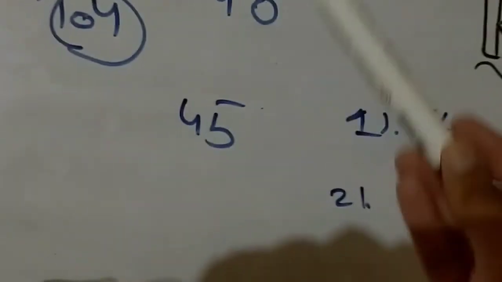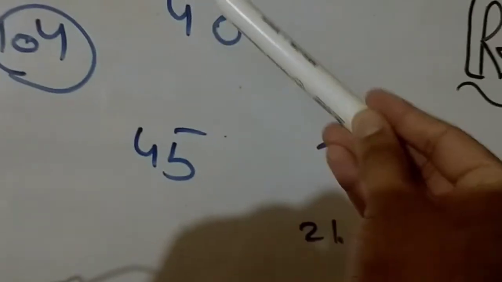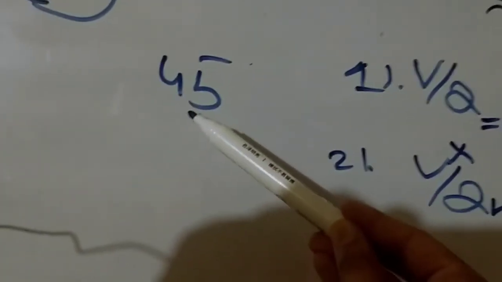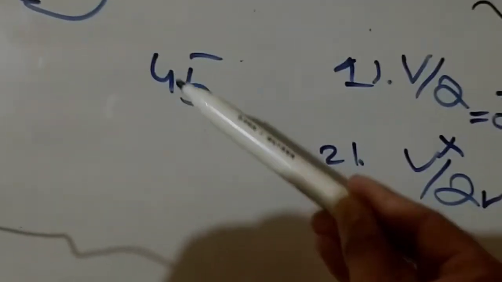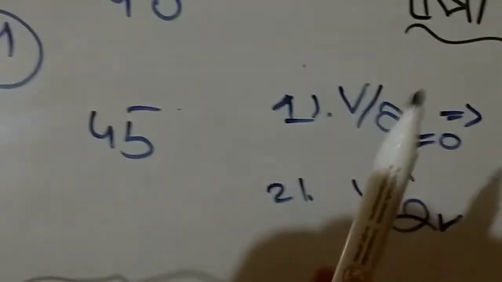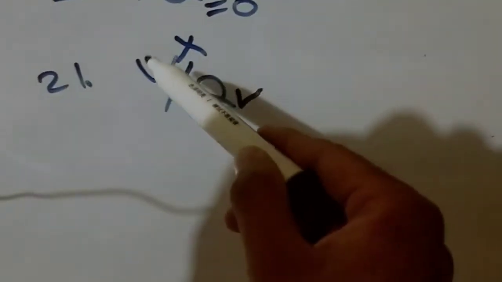So the oxygen content in the blood would remain 40, and the carbon dioxide in the blood would remain 45, because the value of V is 0.